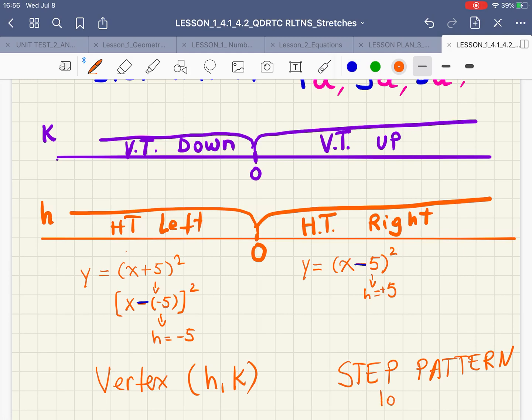From the vertex, you apply the step pattern, which is 1a, 3a, 5a, and so on. And you're done. That's all you need to know about drawing the graph of a parabola. I hope this made sense, and I hope this helped you understand the graphs of quadratic relations.